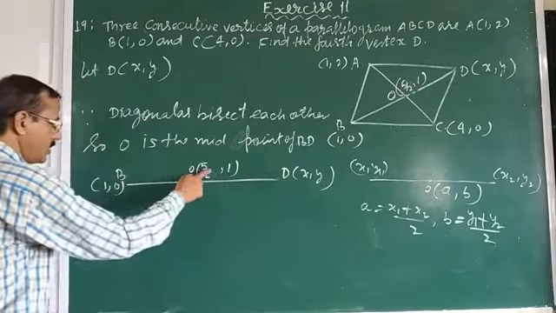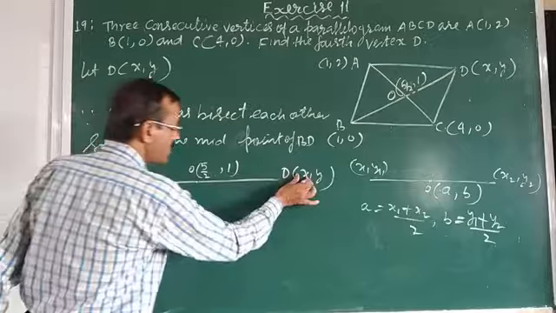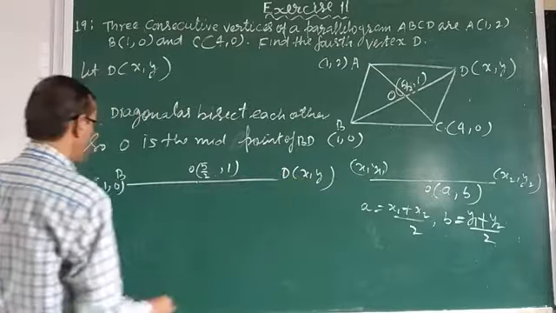So by using this, 5 upon 2 is equal to (x1 plus x2) upon 2. अब यहाँ x2 means that x.